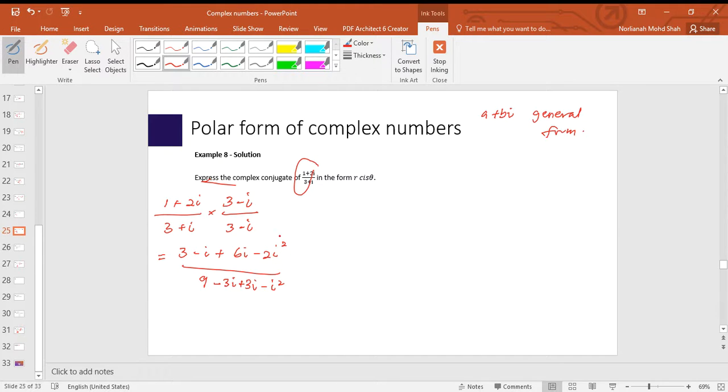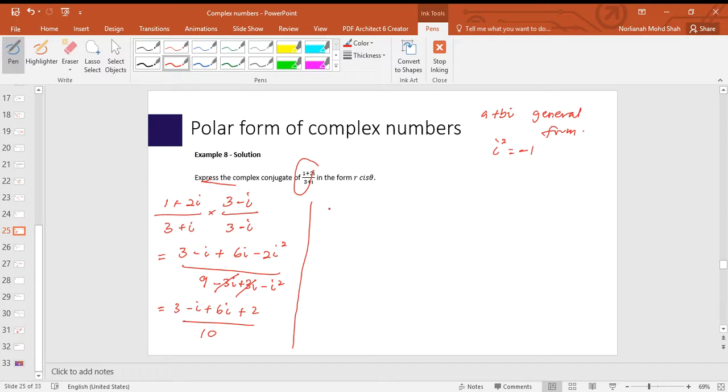Okay, we have i square over here, so we can replace i square with negative 1. After replacing i square with negative 1, we have 3 minus i plus 6i plus 2 over 10. So we can simplify this again.